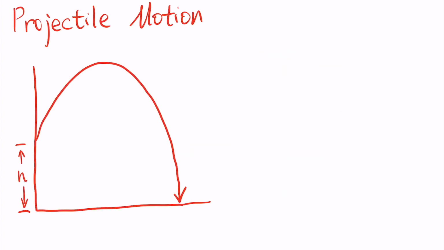Okay, so the last concept we have to learn in this chapter is called projectile motion. This is more like a physics thing. You have to simulate the motion of an object in both the y direction and x direction.